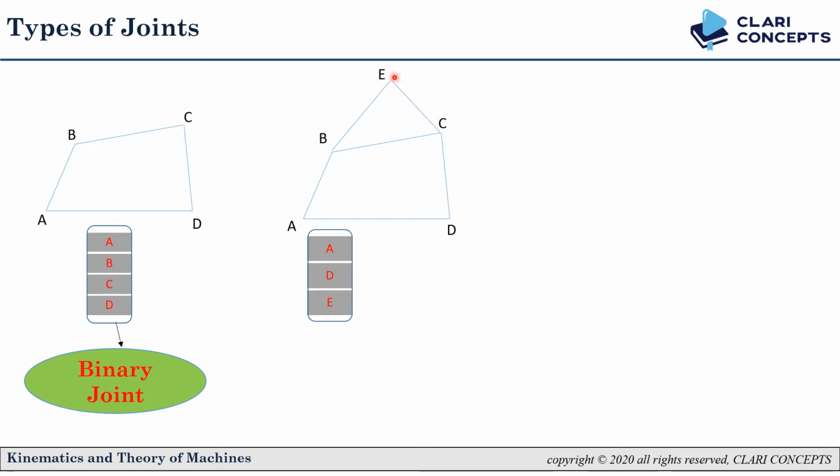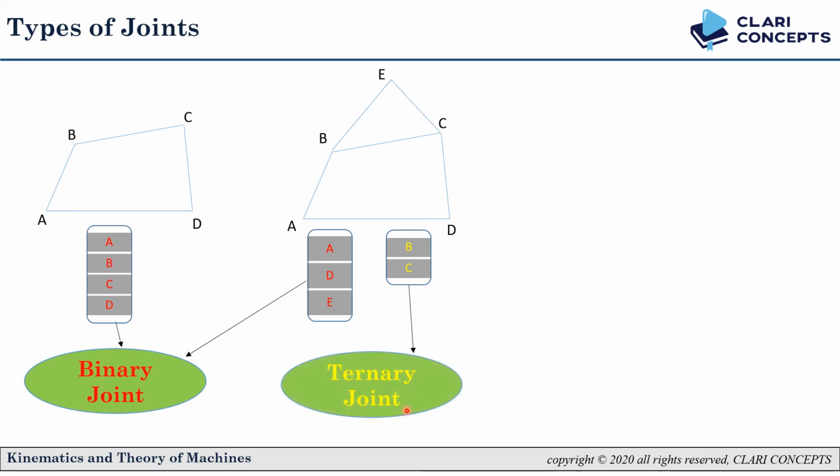At E again 2 links are connected. So therefore I will call A, D and E binary joints. What about the remaining 2 joints, that is B and C? At B, if you observe, you can find 3 links connected at this junction, that is BE, CB and AB, right? Therefore I will call B a ternary joint.